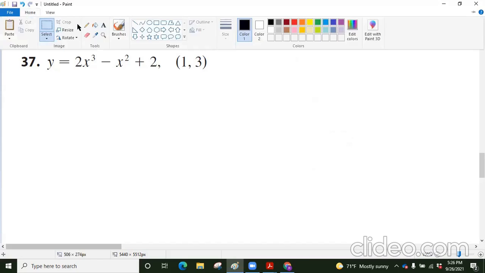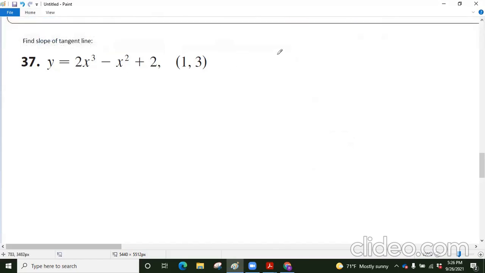We're actually going to take the derivative of this polynomial. So we're going to find the derivative in another way, and that derivative will be the slope of the tangent line at a particular point. We're just finding the derivative function in another way.